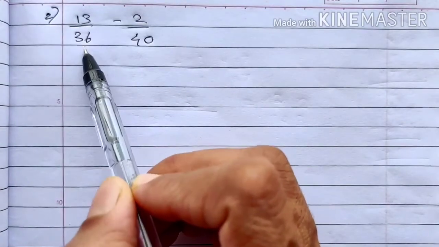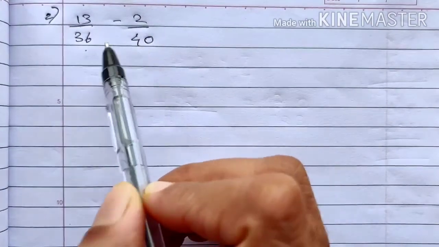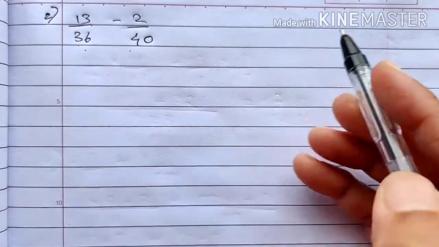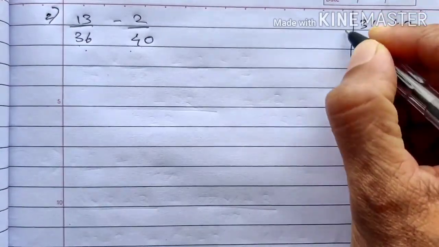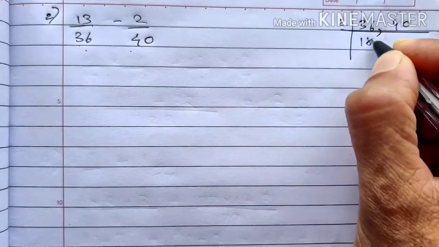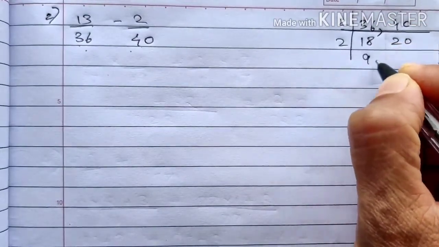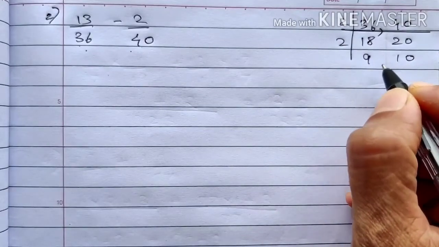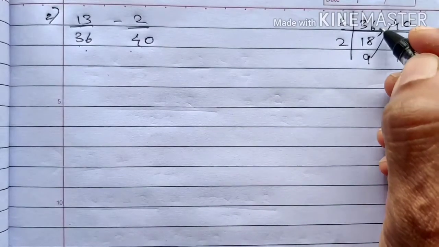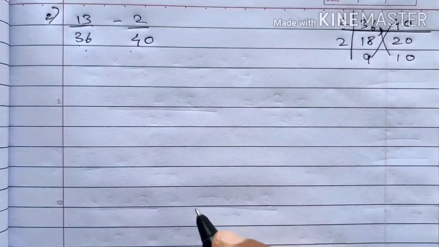The next sum is 13 upon 36 minus 2 upon 40. Make the denominators equal by finding the LCM. So you have 36, 40. Find the common multiples. There is no common multiple, so you have to stop here and just take the inverse.